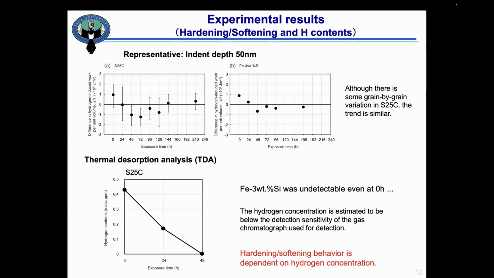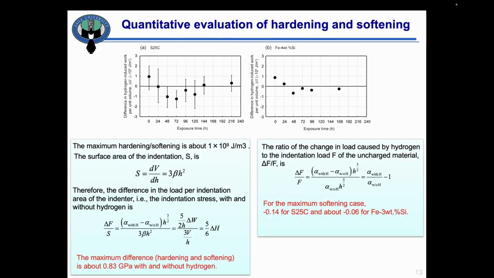And the single crystal also does not show hydrogen content with my equipment. So we believe this change is attributed to the hydrogen concentration. And we don't have enough time, so this is a qualitative variation. But this softening and hardening is efficiently affected by hydrogen, I believe.